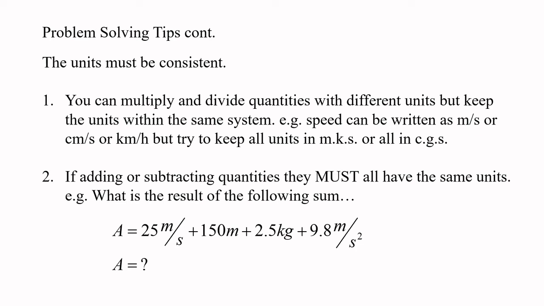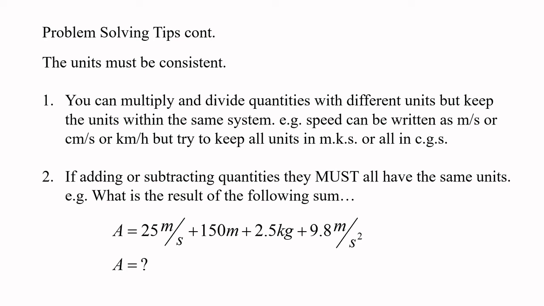If you try to add your mass to your height, that is meaningless. However, you can divide your mass into your height and get your height to mass ratio. Now that would mean something, but you cannot add your mass and your height together.